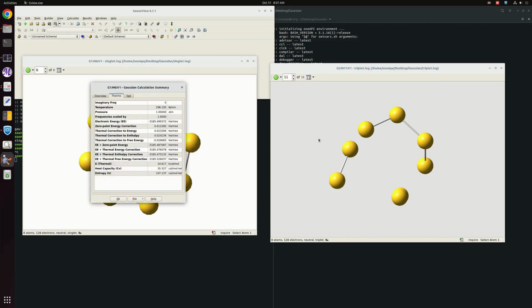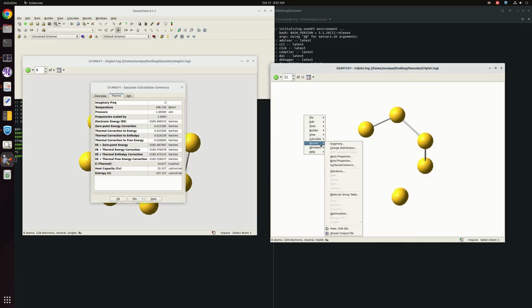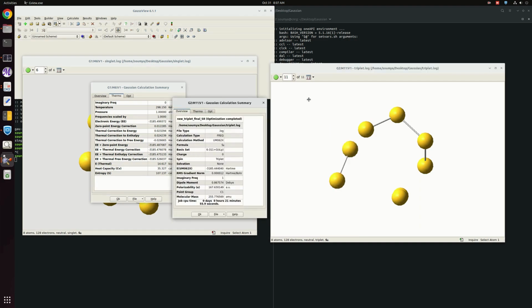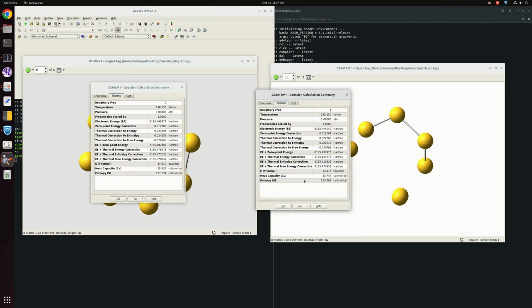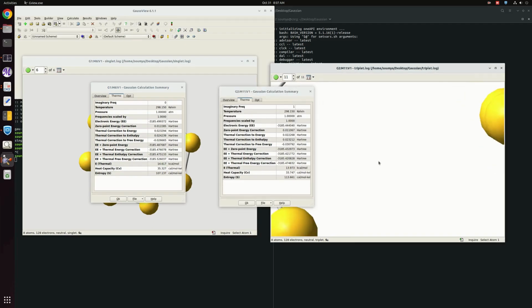Next, I'm opening the triplet state. You see that this has also converged, and all the thermochemistry part has been given, and the imaginary frequency for this one is 1. That means this is not a ground state; it is a kind of transition state or some other state, because we are getting the imaginary frequency as 1.